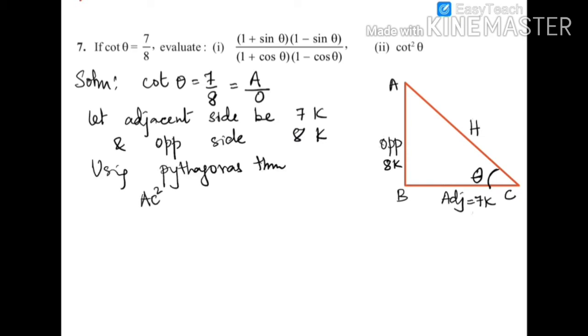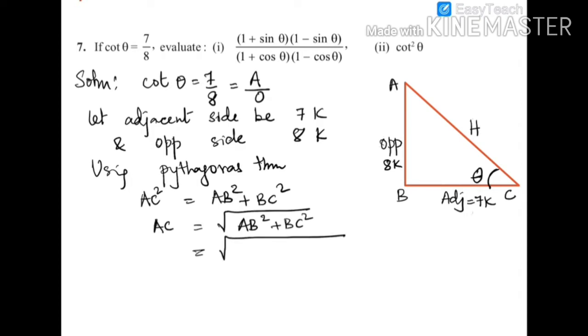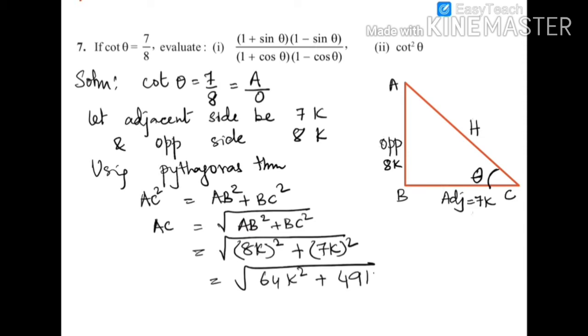AC square will be equal to AB square plus BC square. So AC is equal to root of AB square plus BC square, that is square root of 8k square plus 7k square. Simplify, we get 64k square plus 49k square.